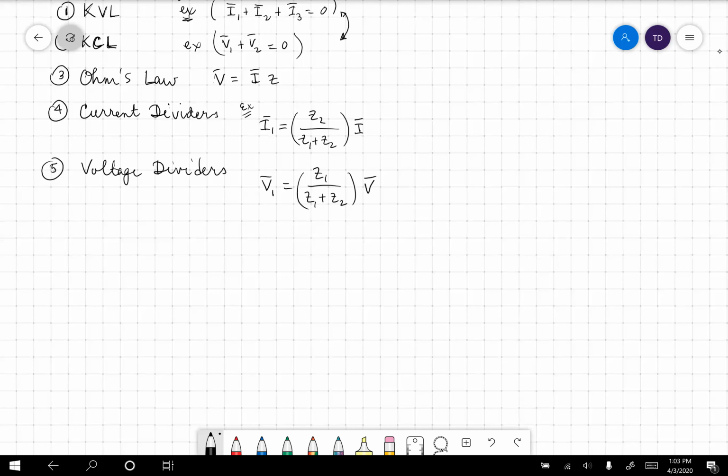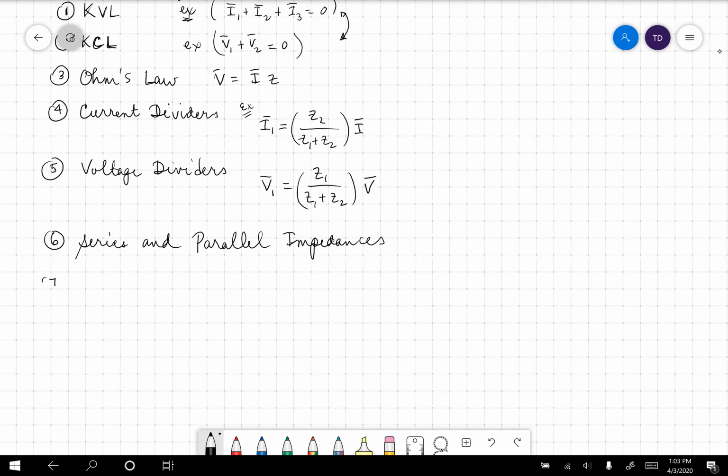KVL, KCL, Ohm's law, current dividers, voltage dividers. We've just seen series and parallel impedances. We spent our time with that earlier today and in our last lecture yesterday.